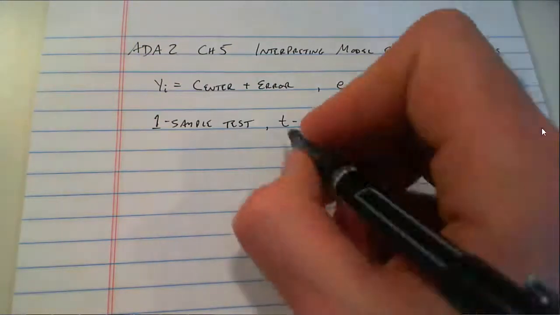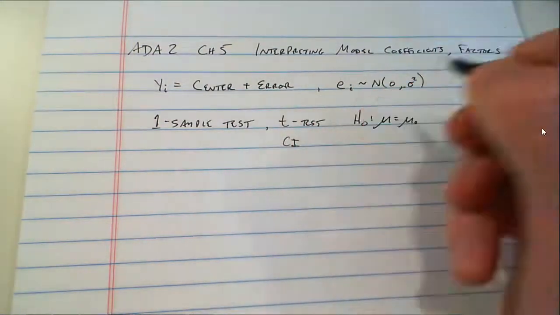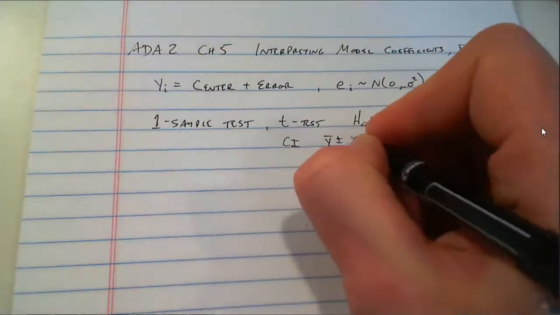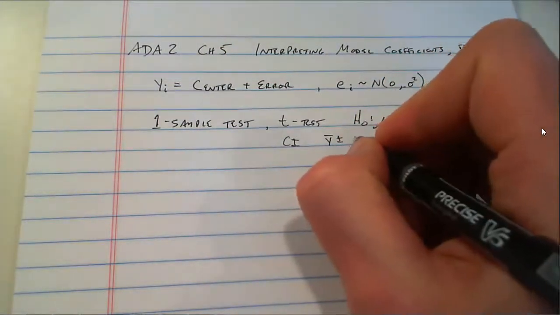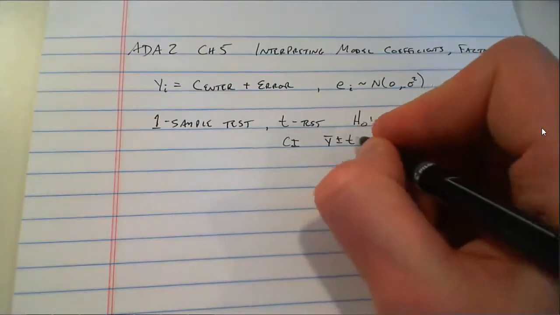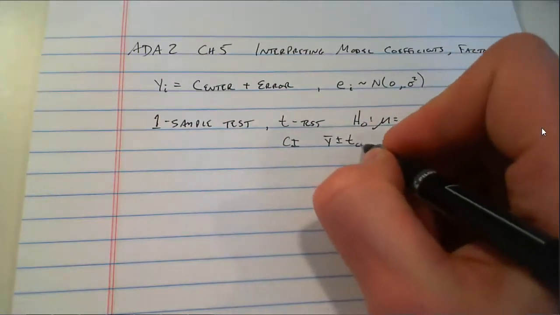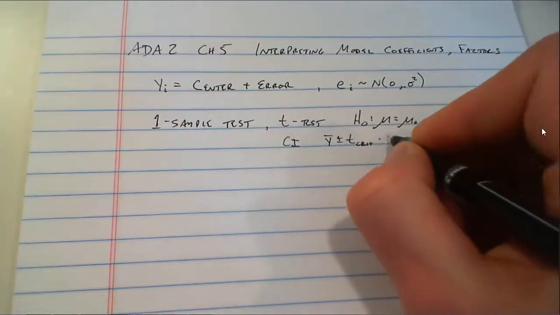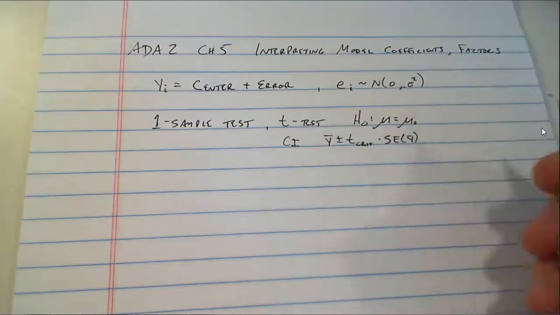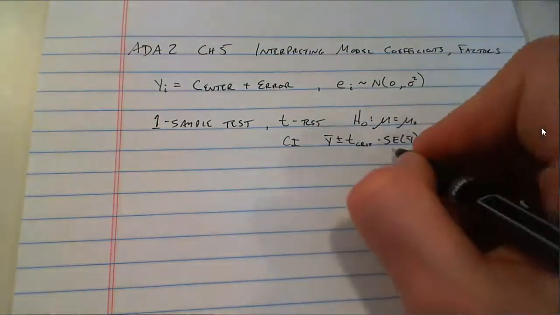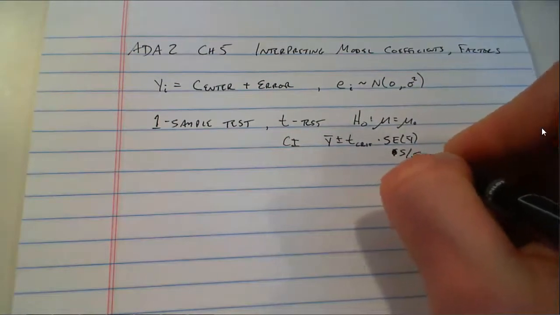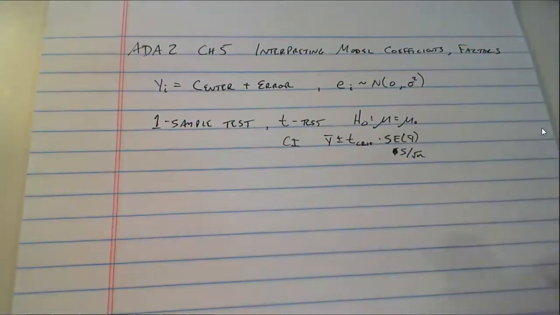We can also create a confidence interval based on the t distribution, which has y bar plus or minus a margin of error, which is a t critical value from the t distribution times the standard error of y bar. And we know this to be s divided by the square root of n. No big deal.